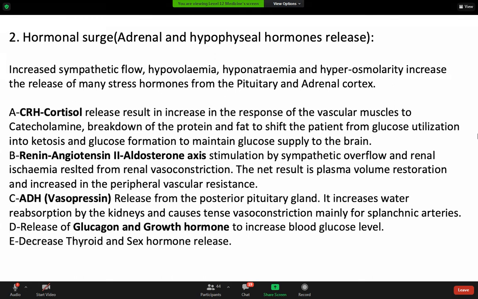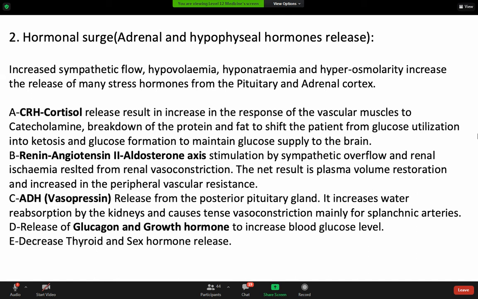Hormonal, through what? Increased sympathetic flow, hypovolemia, hypotension, hyponatremia, and hyperosmolarity will increase the release of many stress hormones like cortisol, which will increase the response of the vascular muscle to catecholamine and breakdown of protein and fat. The renin angiotensin II aldosterone axis will be stimulated and will end up increasing the peripheral vascular resistance and blood pressure.